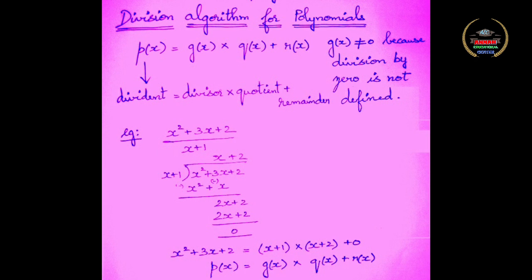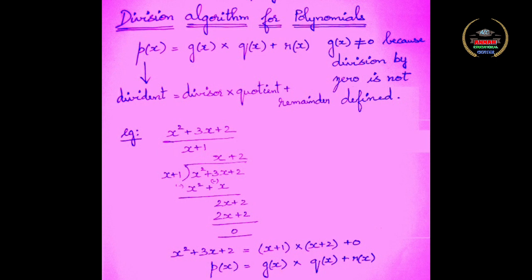When you divide, you know that first you multiply by x: x into x plus 1 will give you x squared plus x. When you subtract, you will change the sign, and finally you will get 2x. Then you bring down the 2 which is in the given polynomial. Then 2 times x plus 1 will give you 2x plus 2. Finally when you subtract you get 0.